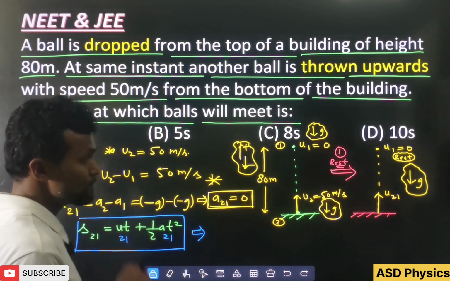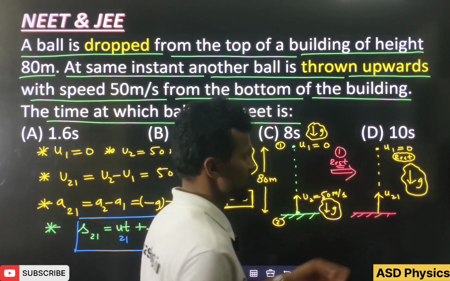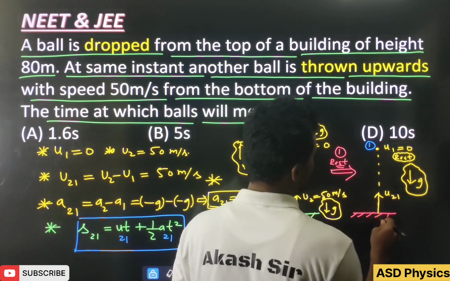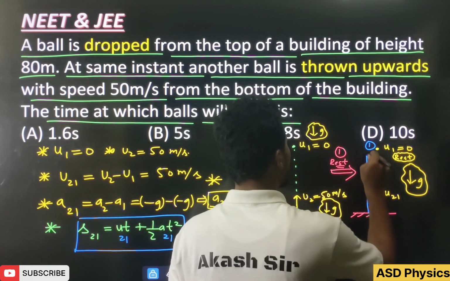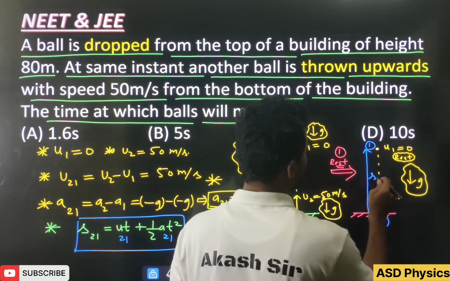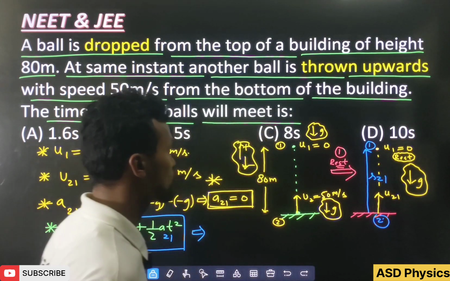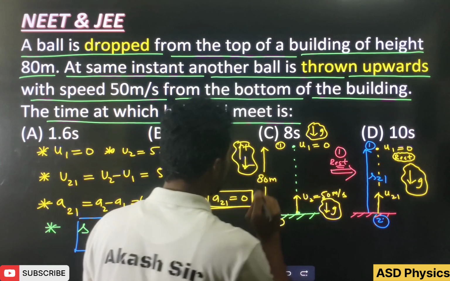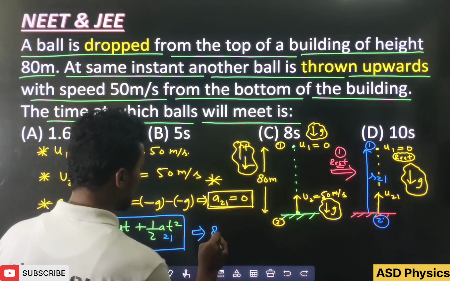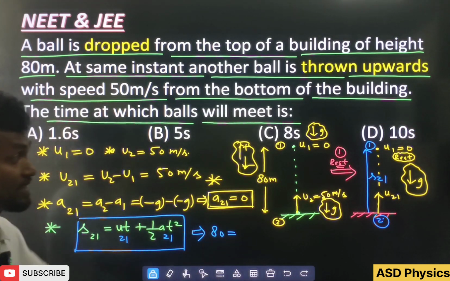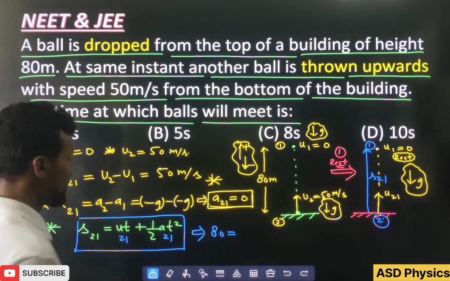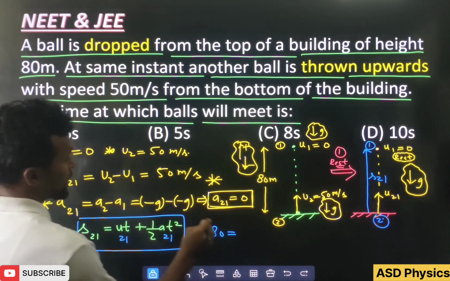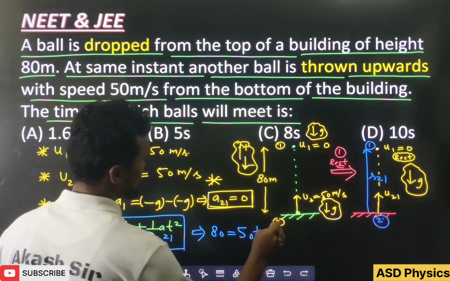Now ball 1 is at rest, and ball 2 is going to catch, going to meet ball 1. How much does it have to travel? S21, that means 2 with respect to 1. This S21 is given as 80, positive 80 upward. U21 is 50. And in how much time? Time t.